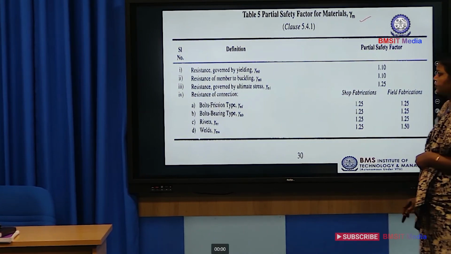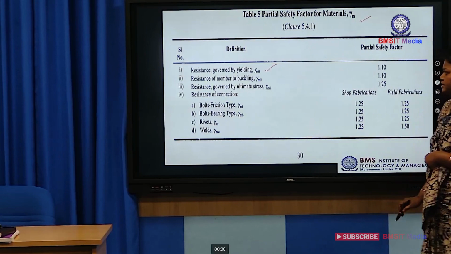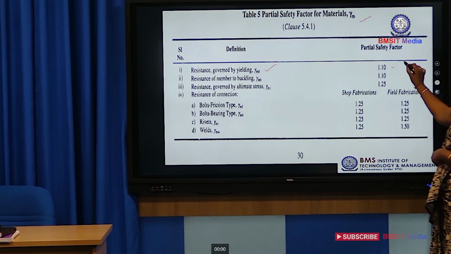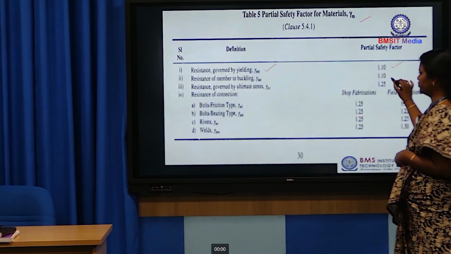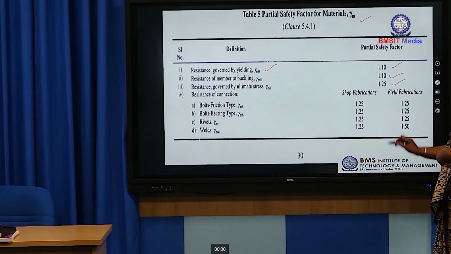For resistance governed by yielding, the symbol is gamma m naught, and we use 1.10. Next, resistance of member to buckling: 1.10. Resistance governed by ultimate stress: 1.25.